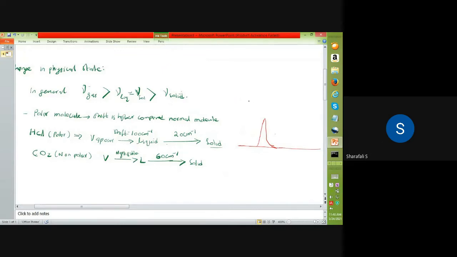I'm just saying this as an example, that this band is at some x position in the case of the vapor state. If you are converting that into liquid form, then you will get a spectra which has a shift of 100 centimeter inverse. It can be plus or minus. I don't know where it will go exactly, but let's consider this number here.